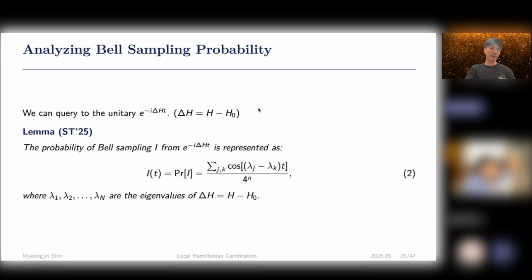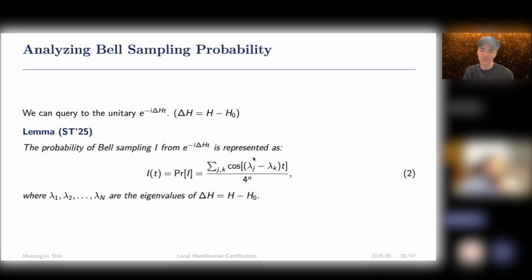And it is actually known from this paper by Yutong that Bell sampling from this time evolution operator of delta h gives the probability of getting the identity element, represented like this, where lambda 1 through lambda n are the eigenvalues of delta h, and the probability is given by some cosine, with some t, of the eigenvalue differences of delta h. We should remember this.